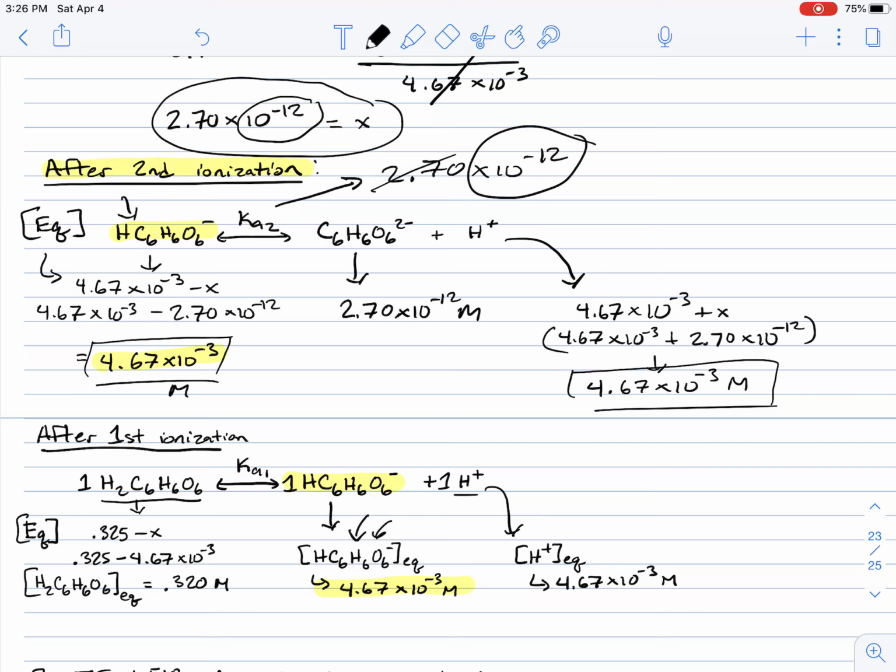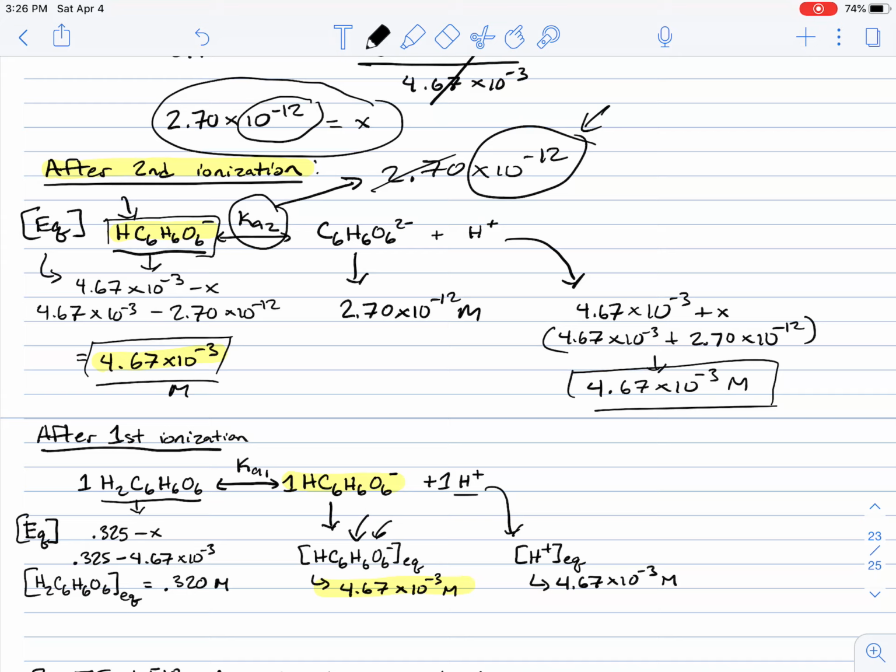And so that is the relative strength, if you will, of this conjugate base acting as an acid. This is already telling you that the amount of this conjugate base is not going to ionize by a lot. Okay.